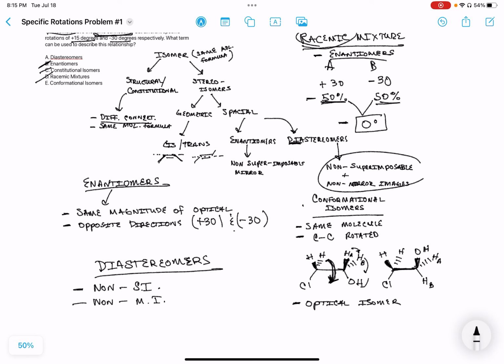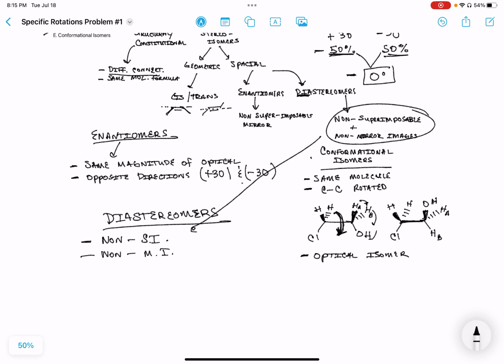What that means is they're going to have different directions of rotation and different magnitudes.